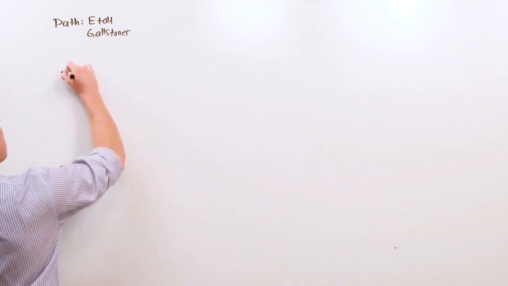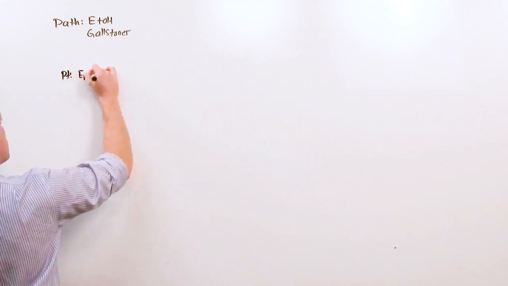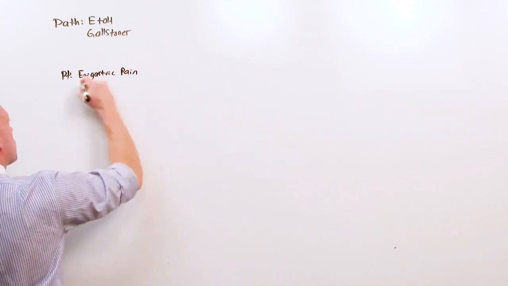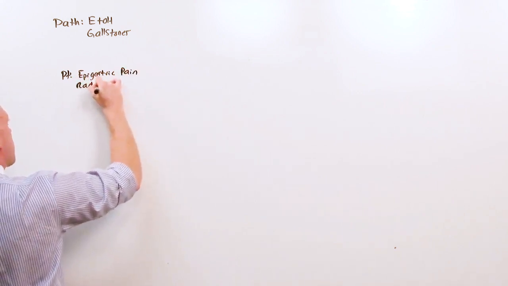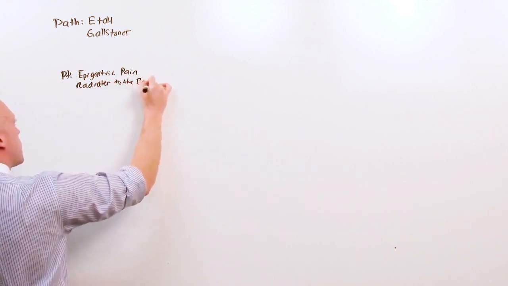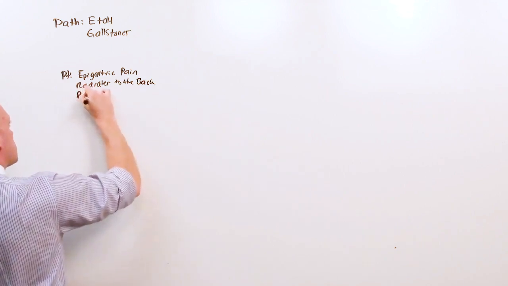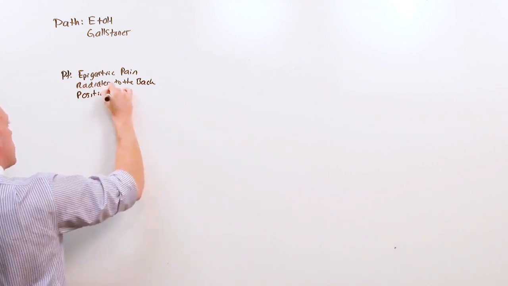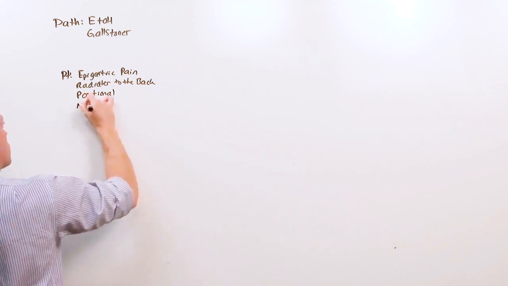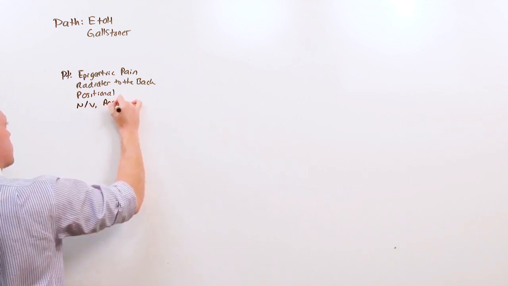The patient presentation is going to be an epigastric abdominal pain that radiates to the back. This pain is going to be positional, that is, it's better with leaning forward and worse with leaning back, stretching out the precordium, and is associated with nausea, vomiting, and anorexia.